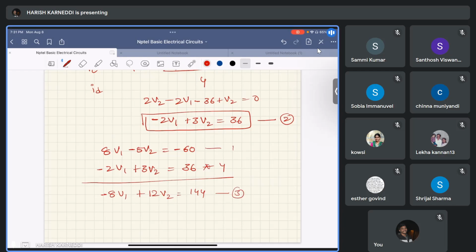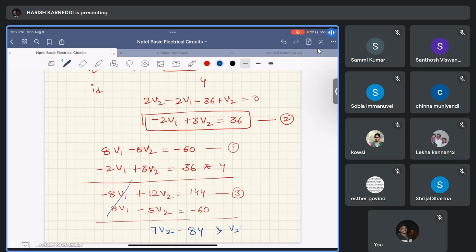By adding equation 1, 8V1 minus 5V2 equal to minus 60, both and these two will be cancelled, and 12V2 minus 5V2 is 7V2 equal to 144 minus 60, that is 84.